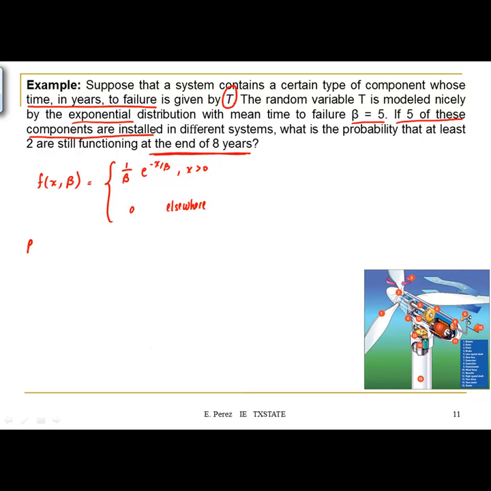So we want to find what is the probability of T being greater than 8 years. And we know beta, in this case, equals 5. So to find that probability, what do we do? You have a PDF, you have your mean, you have your density function. What's next?